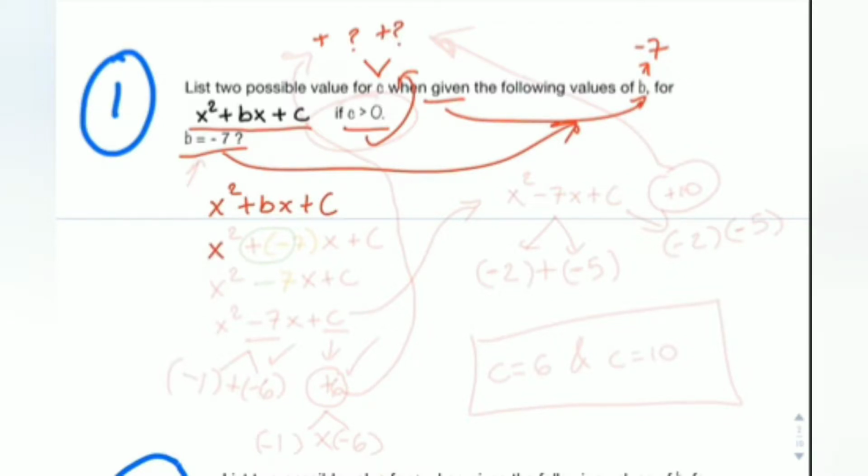Because every time we see a B, it's -7. Right? So there's a B right now. So let's plug it in. Let's substitute. So every time we see a B, we substitute for -7. And when we substitute, we put it in parentheses. Okay? And now that we substitute for B, let's write everything else the same.